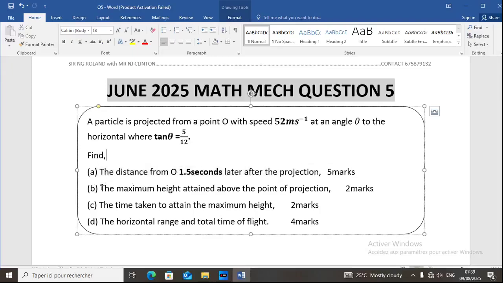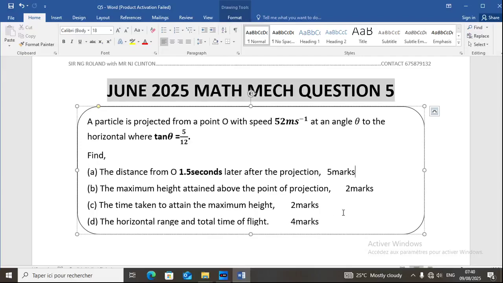B, the maximum height attained above the point of projection, 2 marks. C, the time taken to attain the maximum height, 2 marks. D, the horizontal range and total time of flight, 4 marks. So this question had a total of 30 marks.